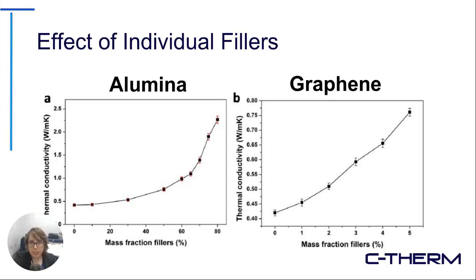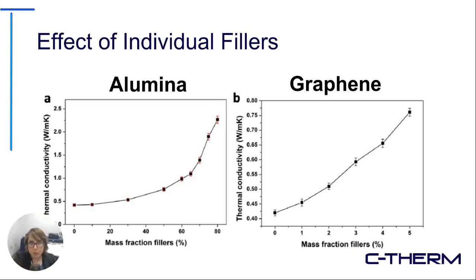Graphene, on the other hand, also has the effect of improving the thermal conductivity, but it's quite a bit more efficient. You can achieve about 100% improvement in the thermal performance of a filler material with the graphene additive by adding only about 5 mass% of graphene.